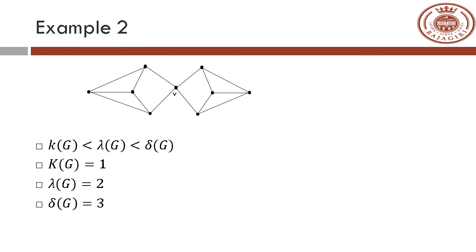Therefore, lambda G is equal to 2 and the minimum vertex degree in this graph is equal to 3. These three numbers satisfy the relation: vertex connectivity less than or equal to edge connectivity less than or equal to the smallest degree of a vertex in G.